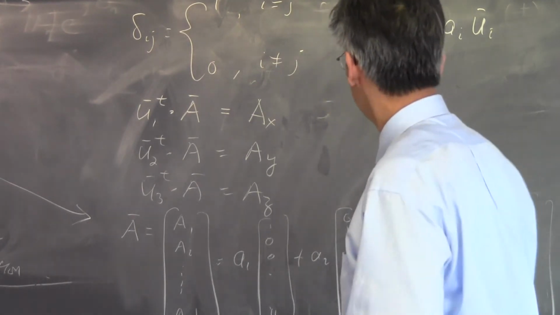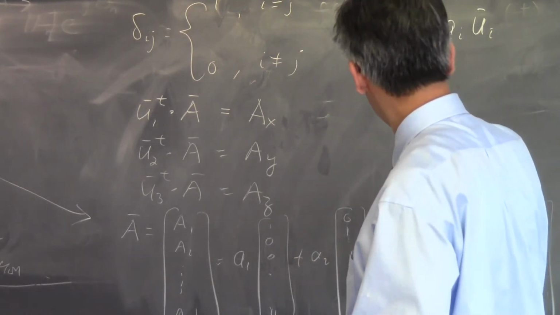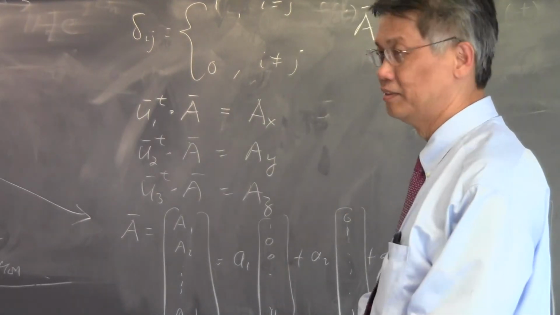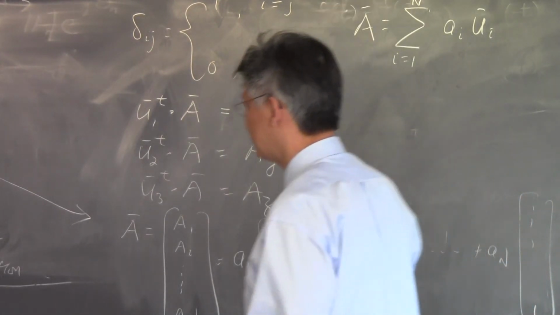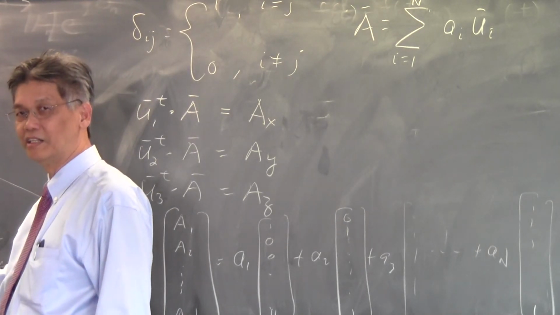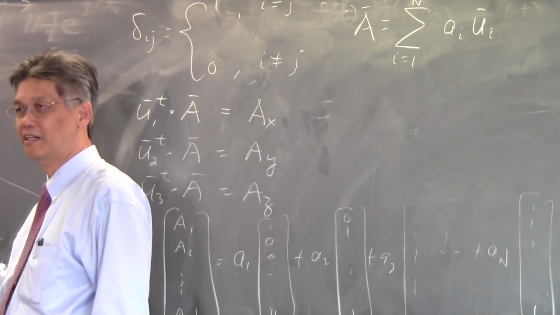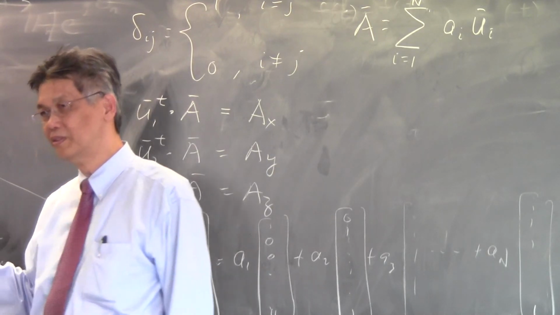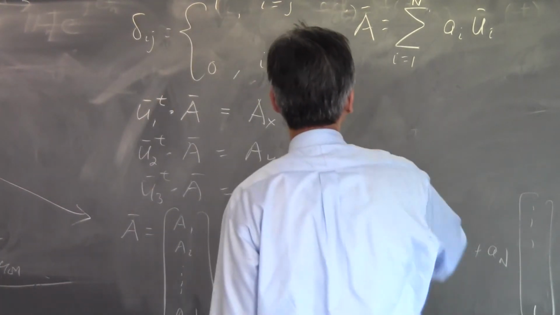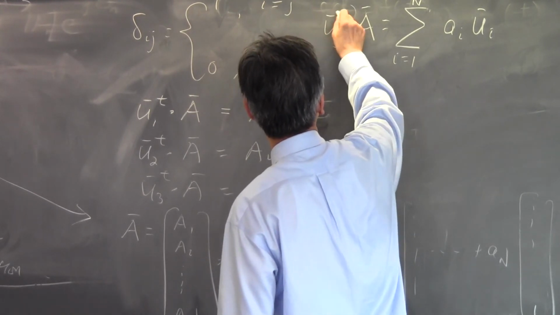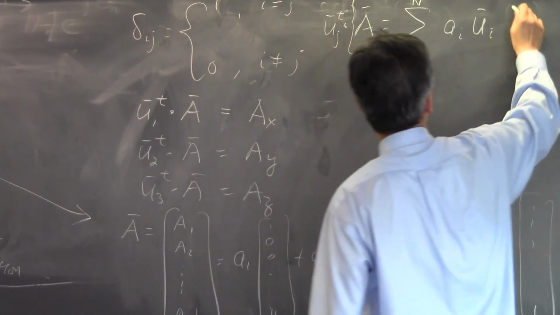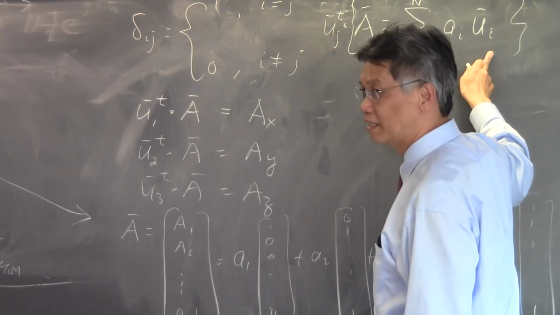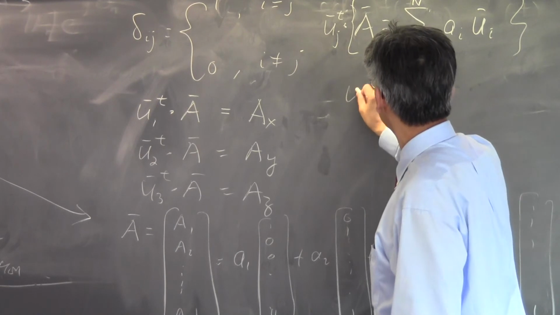Given that all these vectors are orthonormal, how do I find my a sub i in general? I use the same trick as I did here. I pick a u and dot it with that u, maybe a different u from the index over here.